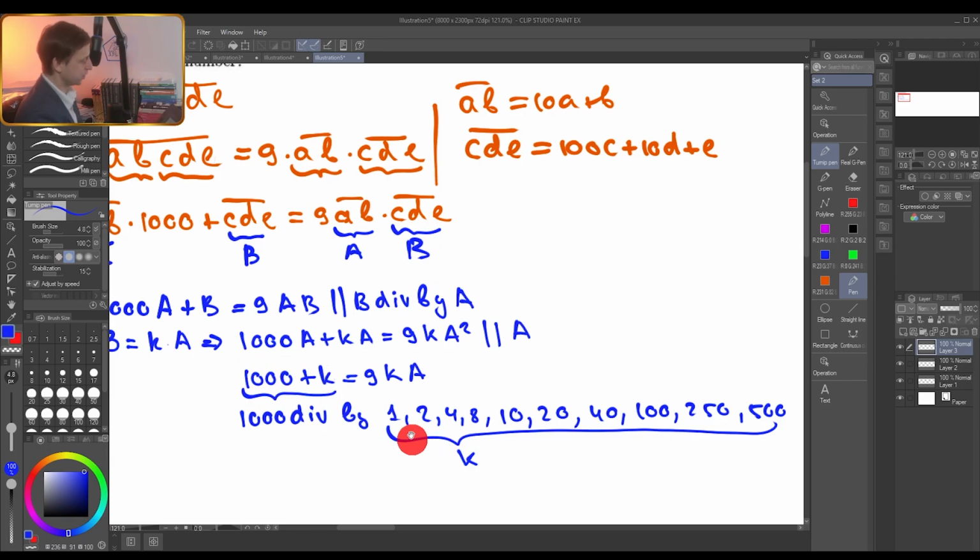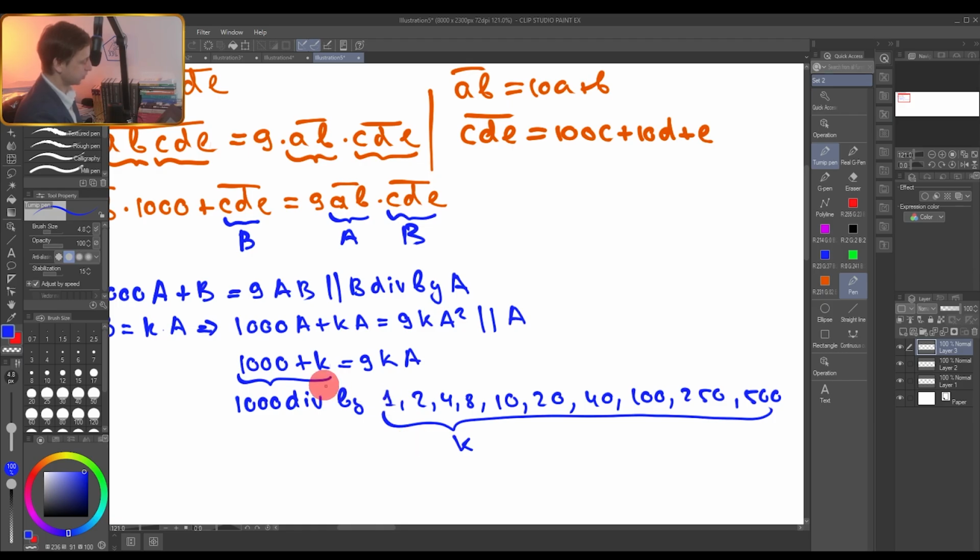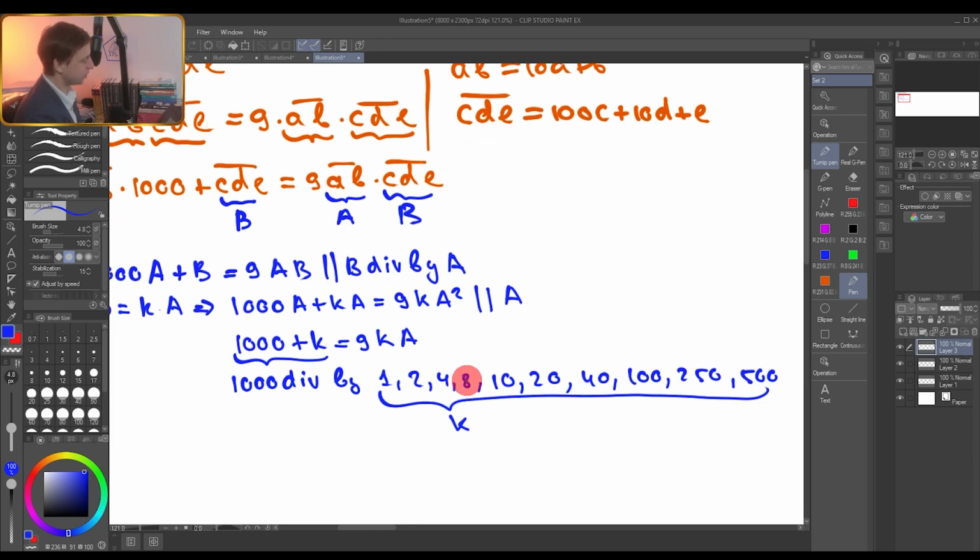So for example, K can be equal to 1, because it's a factor of 1000. If K equals 1, let's try to substitute here. 1001, is it divisible by 9? No, it's not, because 1001 has a digit sum of 2, not divisible. So K equals 2, let's substitute here, it will be 1002, and again, not divisible by 9, so it doesn't work for us.